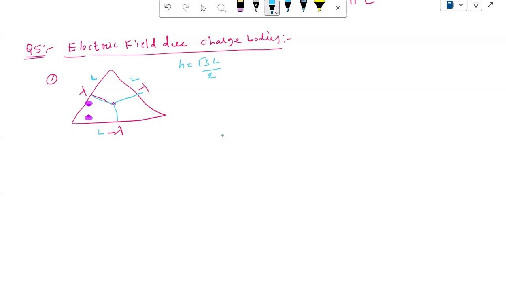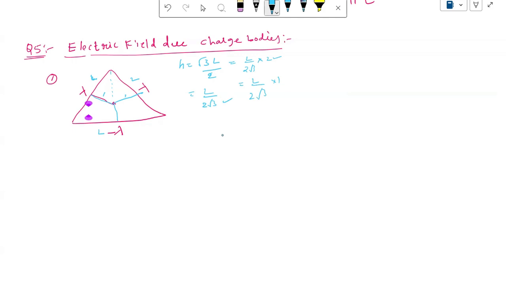This will be in the 2:1 ratio, right? So the distance equals L by 2 root 3. This is our required answer: L by 2 root 3.